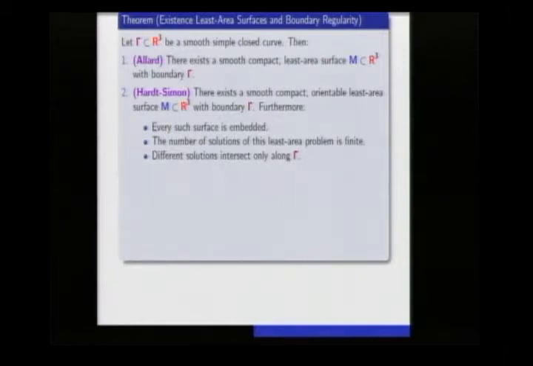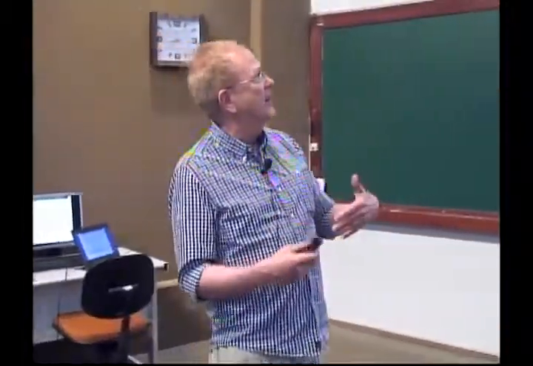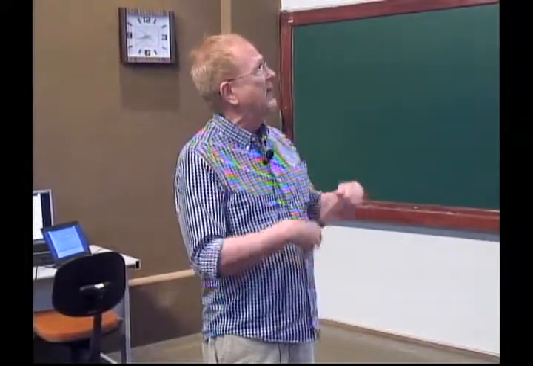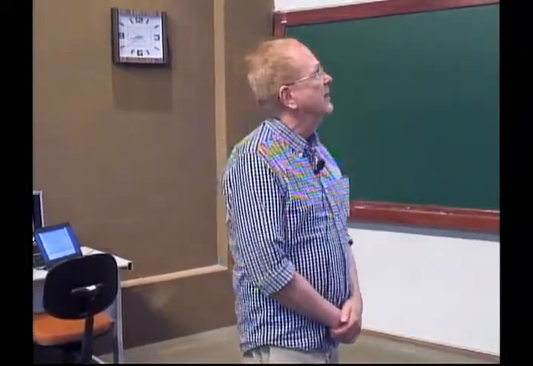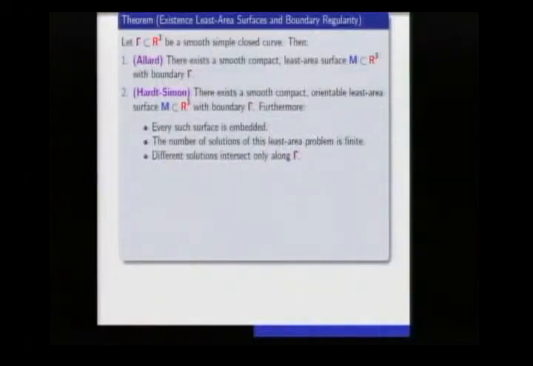So a very, very important theorem in the subject is the boundary regularity result of Hardt-Simon. They say that if you have this curve, and I only look at surfaces which are orientable and have that curve for a boundary, then in some general sense of surface, there's actually a nice compact surface of least area that's orientable and has the curve for a boundary.